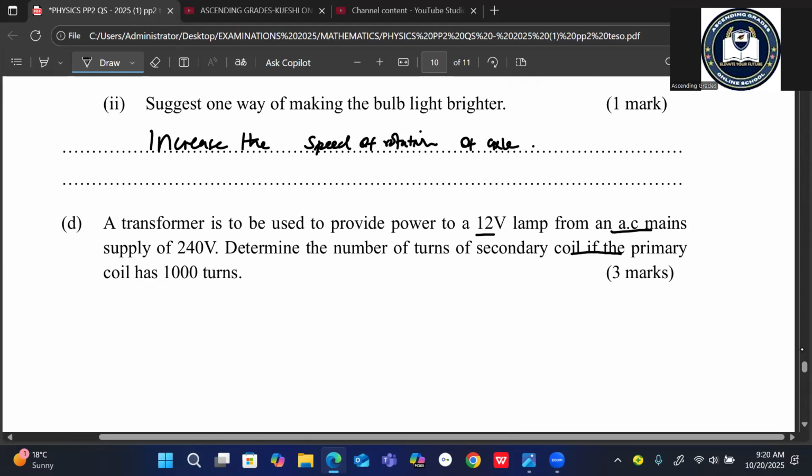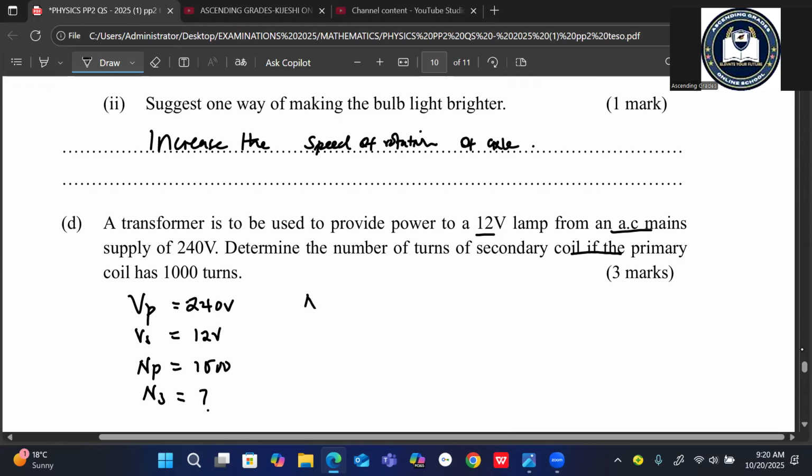So we can first analyze the question. The voltage at the primary is 240. The voltage at the secondary is 12 volts. The number of turns in the primary is 1000. Our question is demanding the number of turns in the secondary.